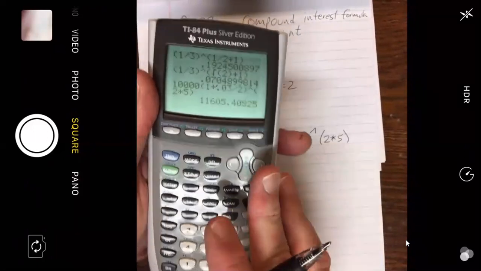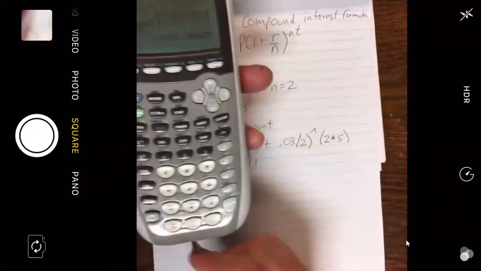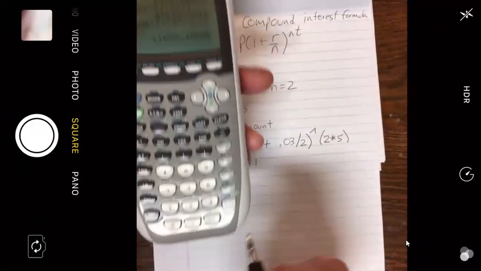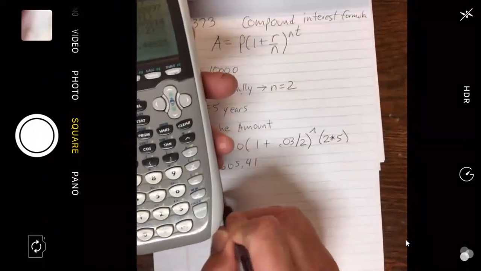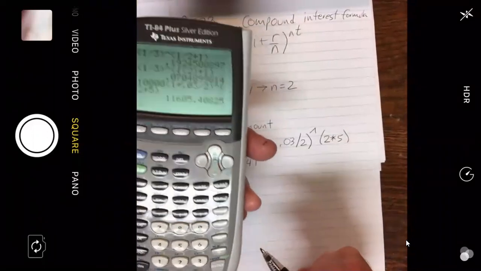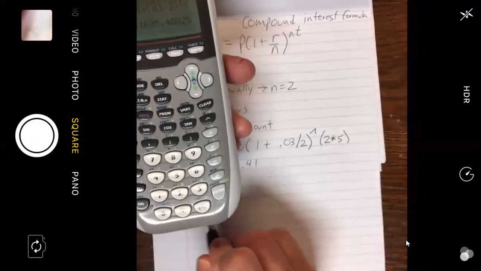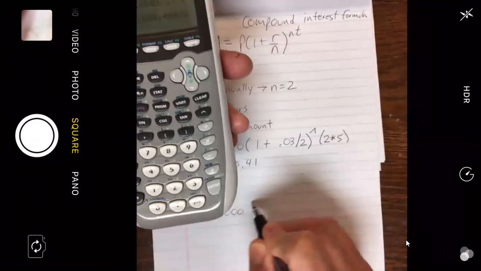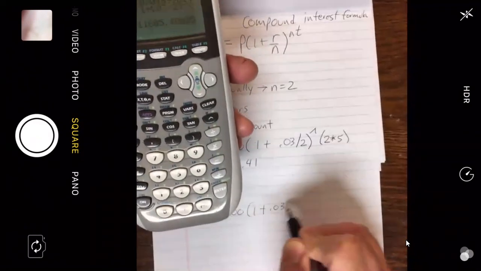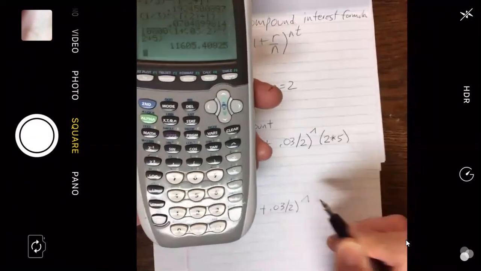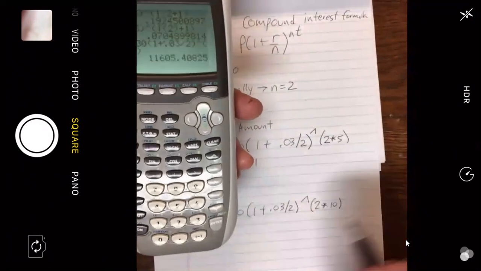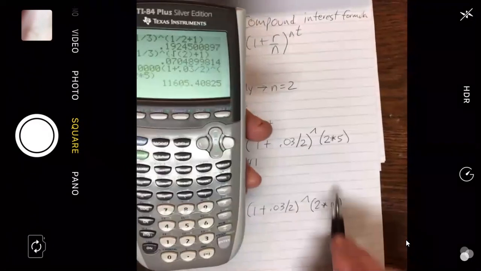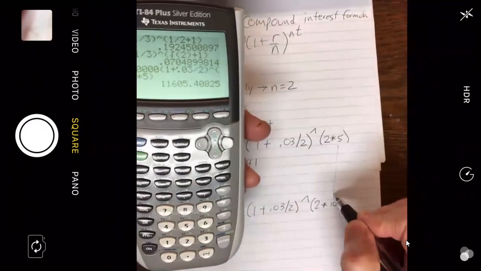And I don't know if you know about this trick, but in part B, they change only the t value to 10 years. Well, that means your A is 10,000 times (1 plus 0.03 divided by 2) raised to 2 times 10. It's absolutely identical except they're changing the 5 to 10.